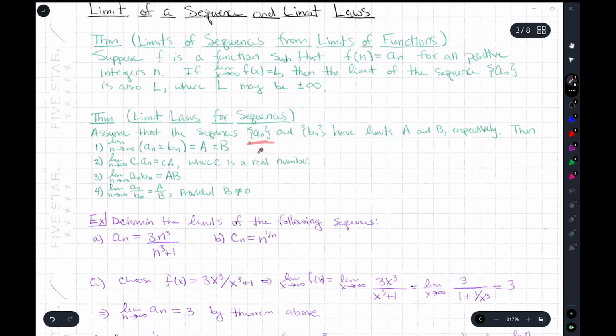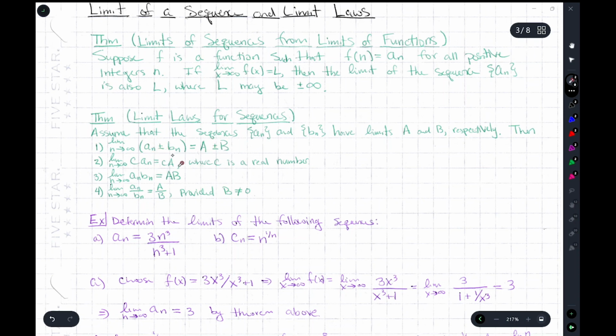So assume that the sequences a_n and b_n have limits, capital A and B, respectively. Then the limit of the sum or difference of these two sequences is going to be A plus B or A minus B, okay? So minus corresponds to minus and plus corresponds to plus.